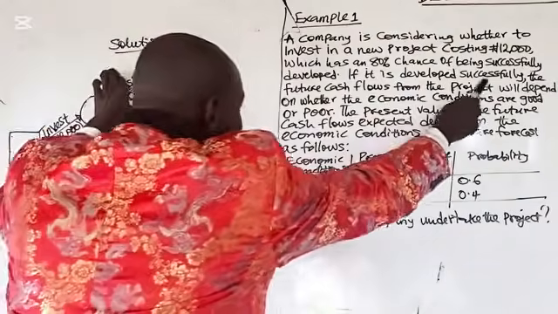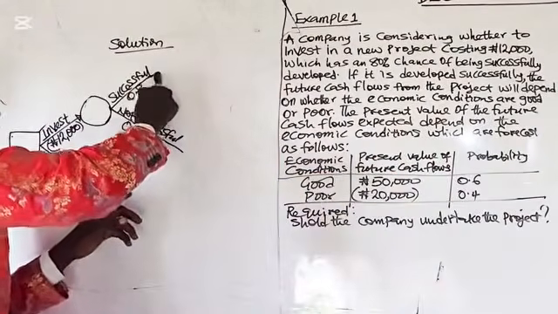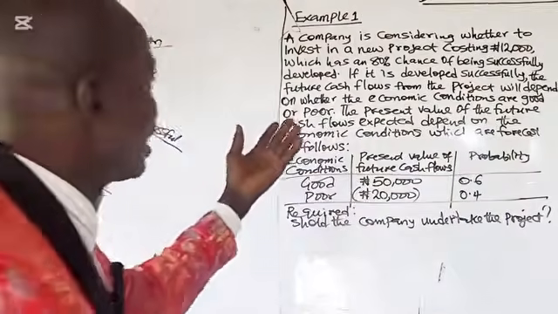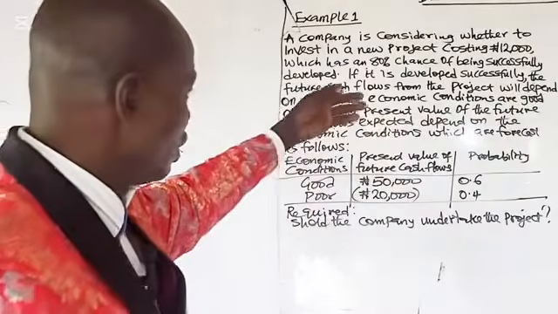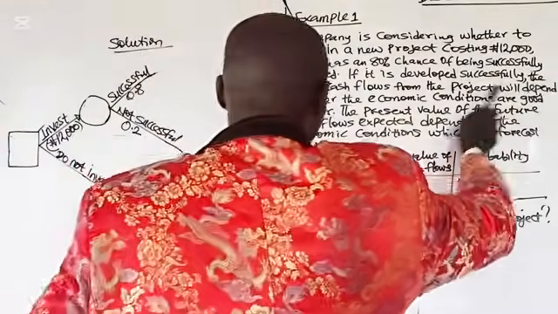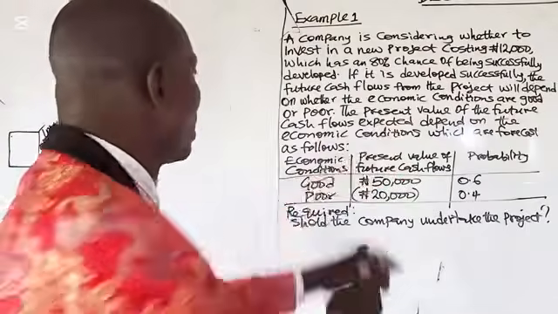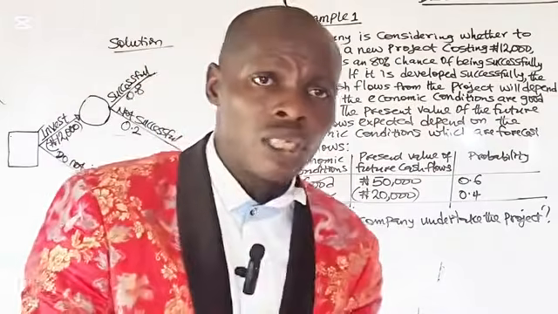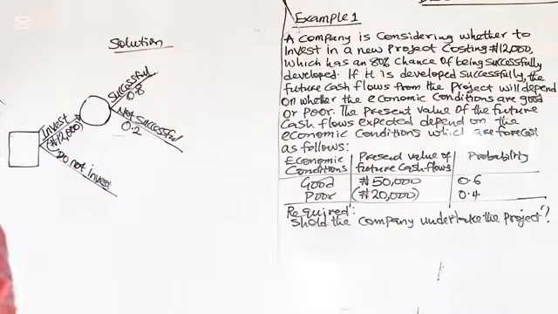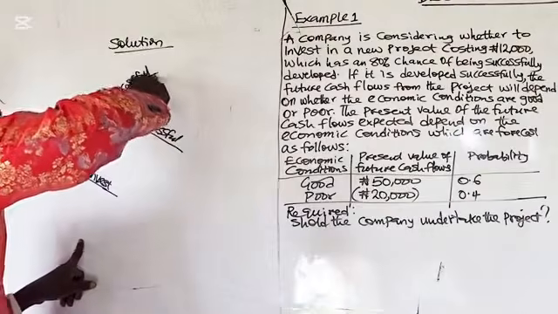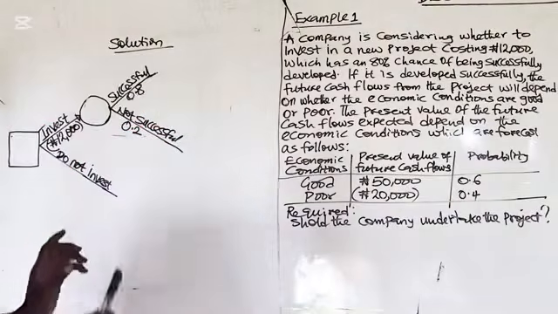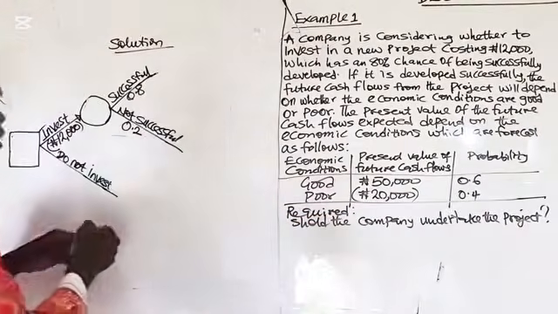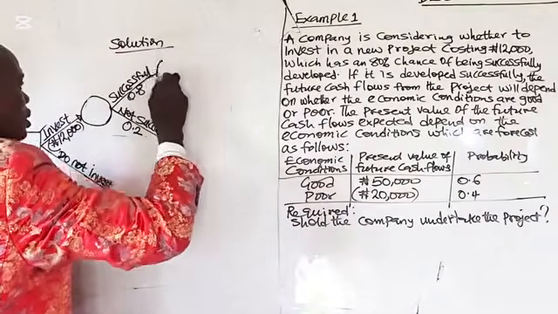If it is developed successfully, then you will have these possible economic conditions. The good or poor economic condition all lies on the entity being able to develop a successful product. So since there are attached probabilities, you will also use a chance node.